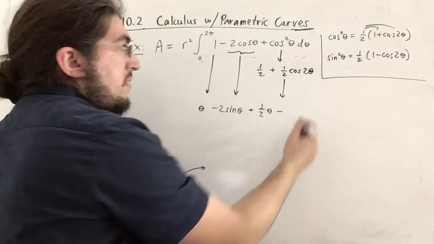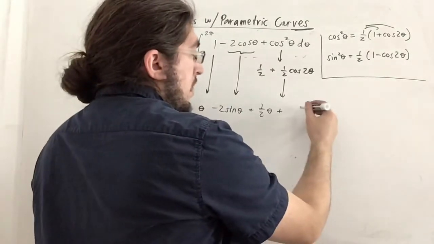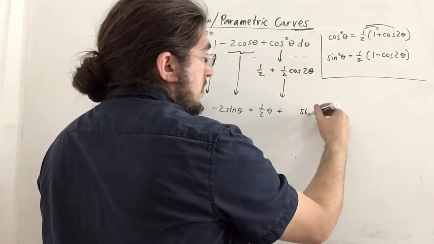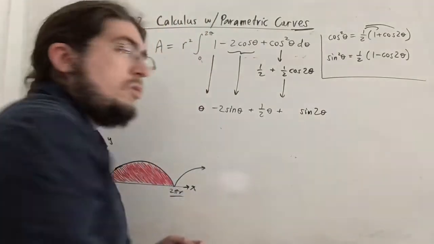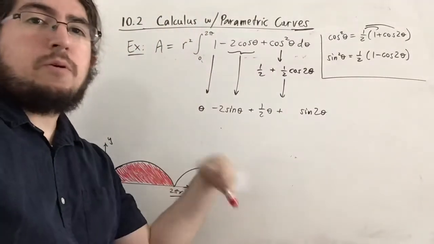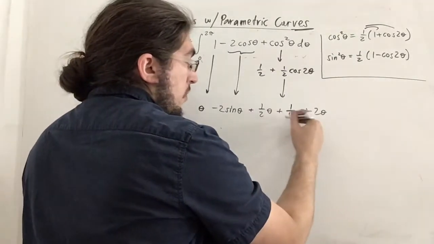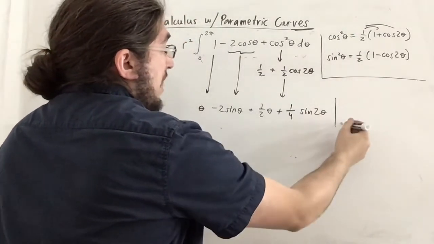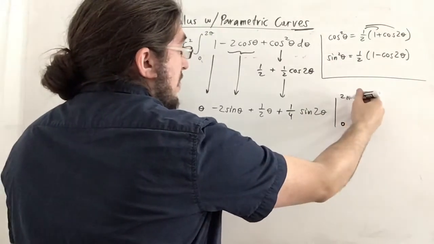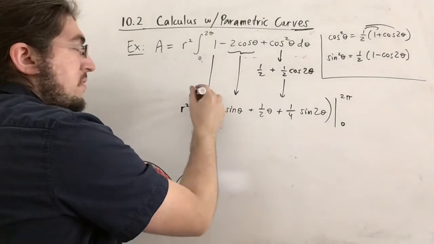The antiderivative of cosine is, well, sine, positive sine. And since it's of 2 theta, we have to divide by an additional 2. Since we already have 1/2 here, we're multiplying by 1/2 again. So that'll leave us with 1/4 now. And we're evaluating this finally between our limits, 0 and 2 pi, and we're multiplying by r squared after the fact.